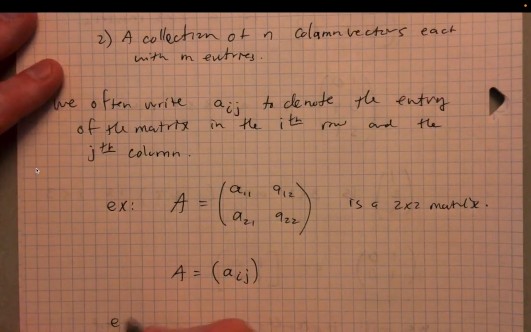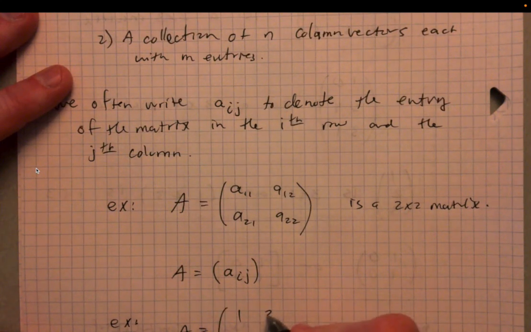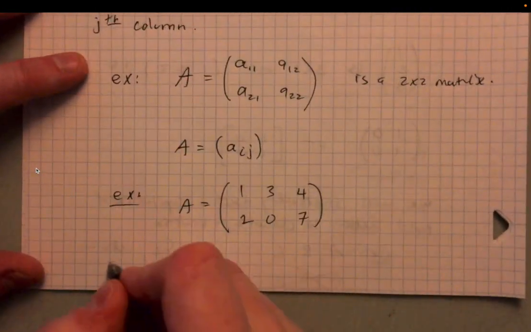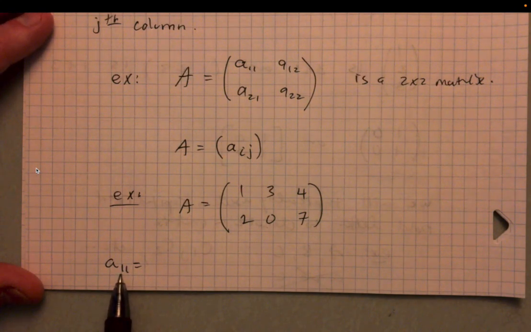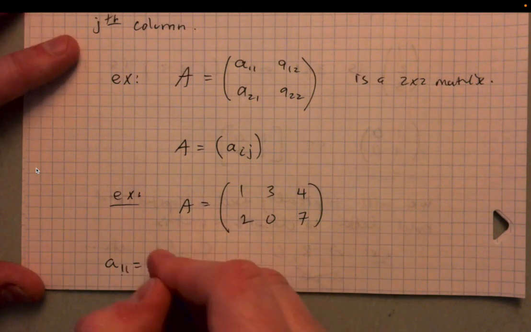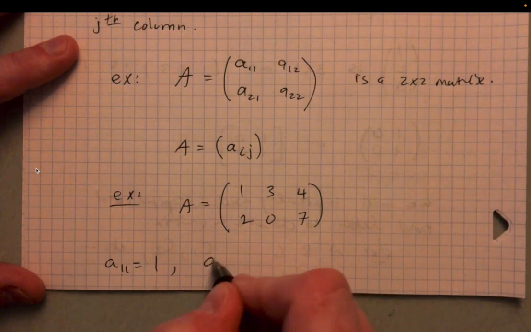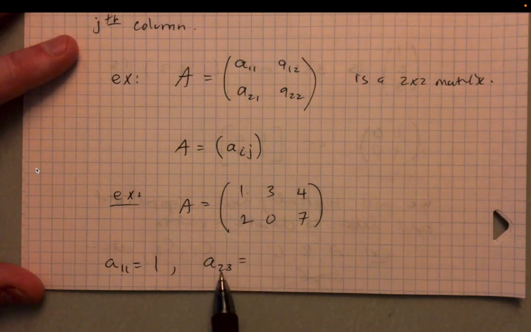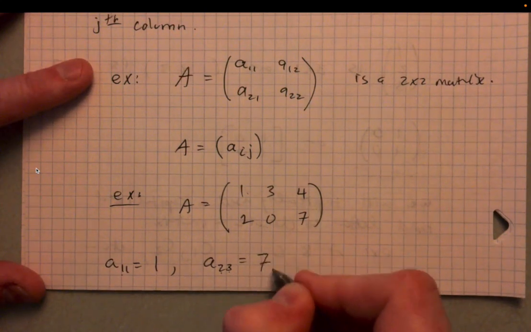Let's do one more example just to make sure this is really clear. If I have matrix A equals 1, 3, 4, 2, 0, 7, then A11 would be the element in the first row, first column, so it's going to be equal to 1. What about A23? That's the element in the second row, third column, so that's going to be equal to 7.